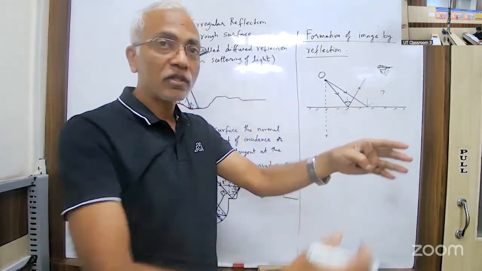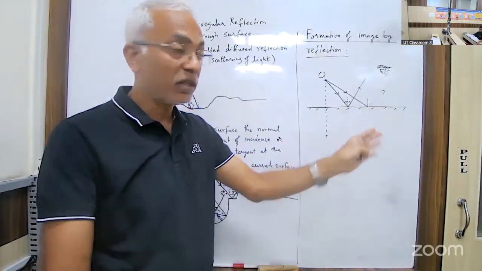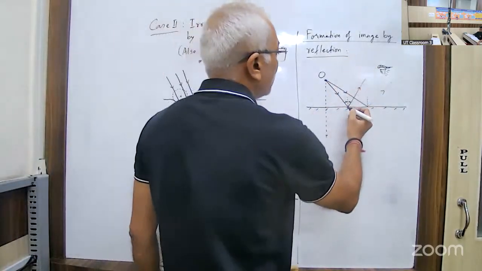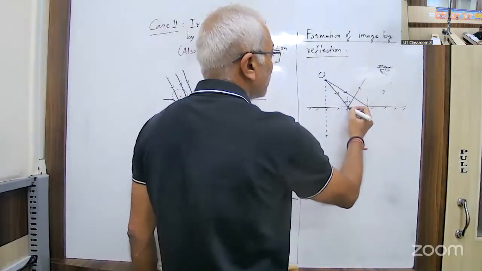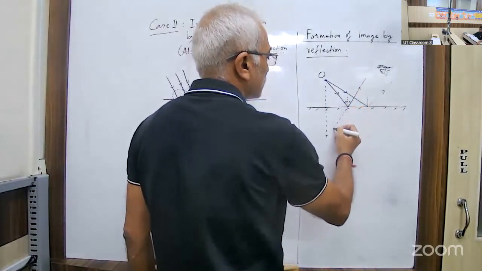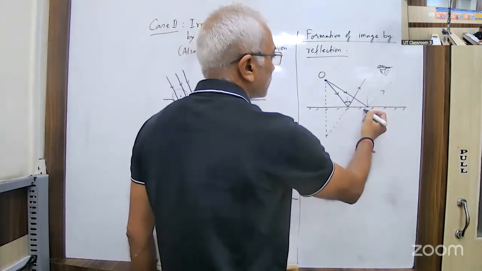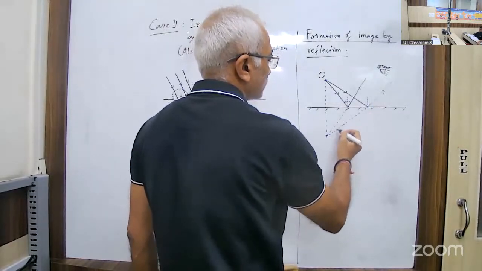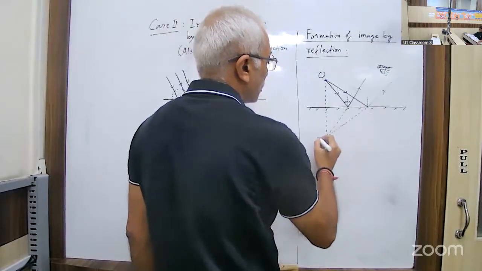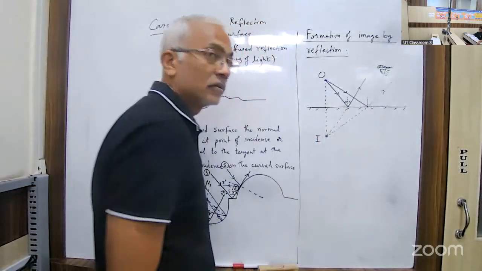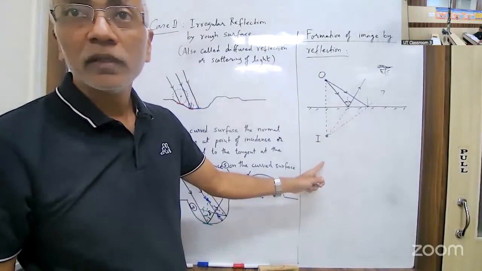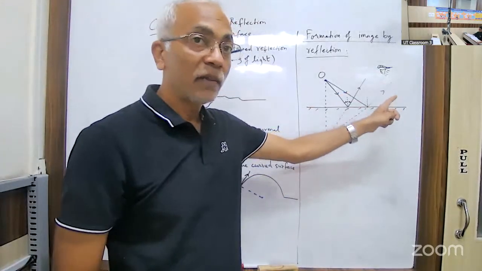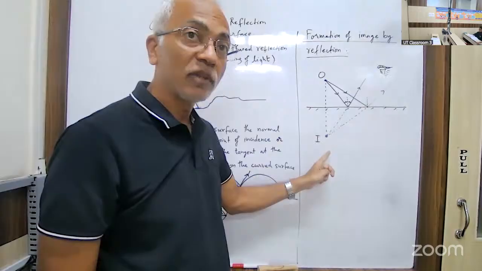Diverging, spreading apart. I will feel that these two rays are coming from here. So this is where the image is formed. The reflected ray appears to be emitting from here.